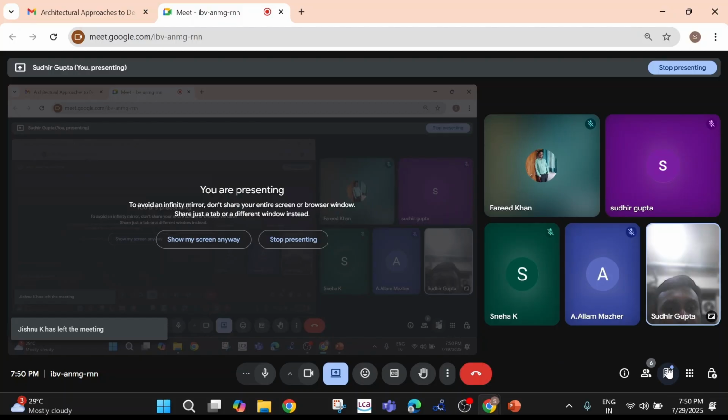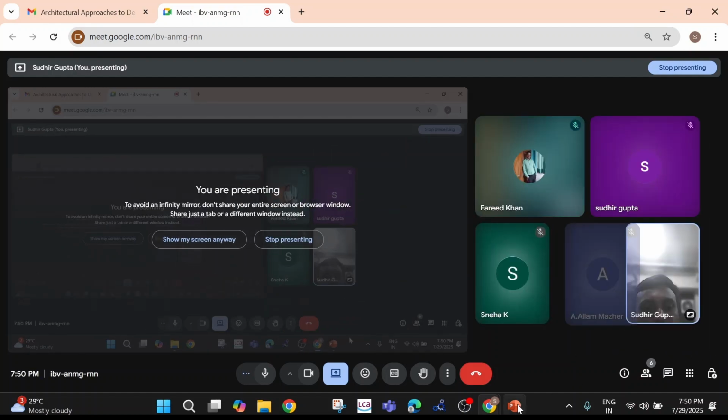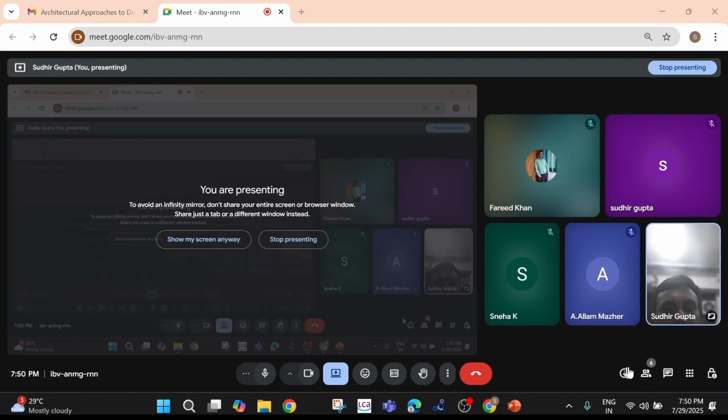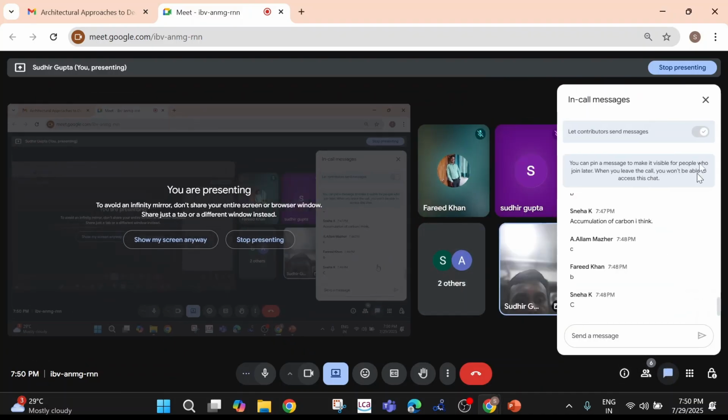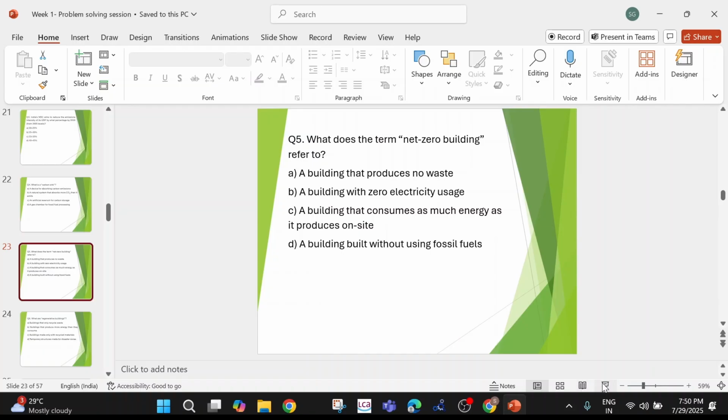Sneha has answered option C and Alam has also answered option C. So option B is not the correct answer for this question. Is it clear now?